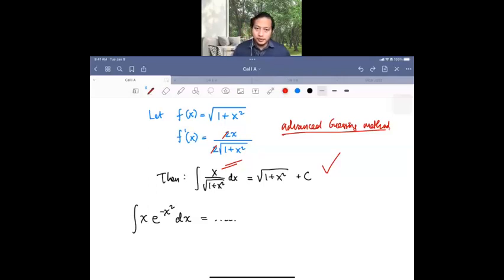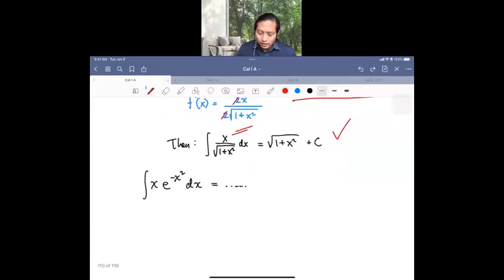But what I want to show you is, remember that if we have e to the power of negative x squared, and we want to differentiate this, it will turn out to be just e, and then multiplied by the chain rule.